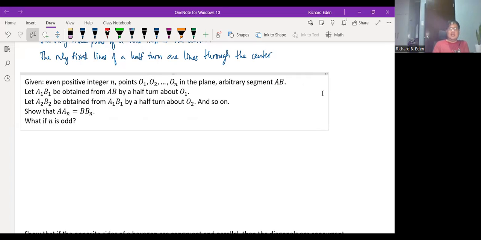And then A1 B1, do a half turn on it, but this time with center O2, and the image is A2 B2, and then you keep on doing this. So from A2 B2, half turn about O3, then you'll get A3 B3. Okay, and so on. So show that A sub n is congruent to B sub n. And then, well, the consideration here is that n is even.